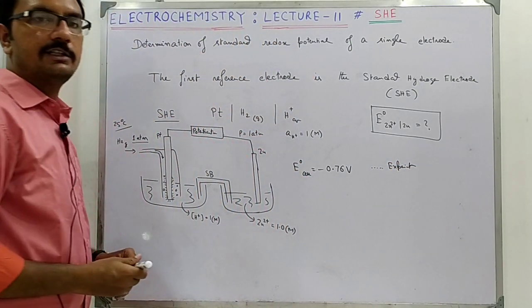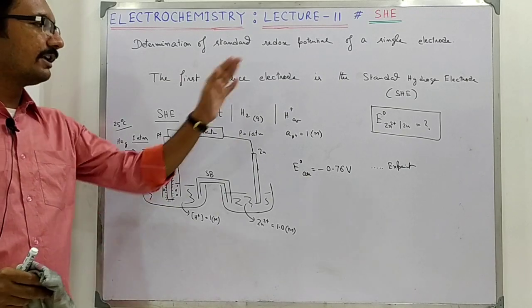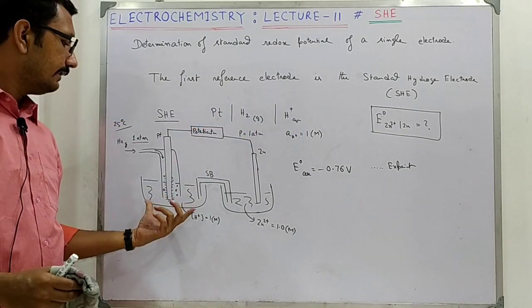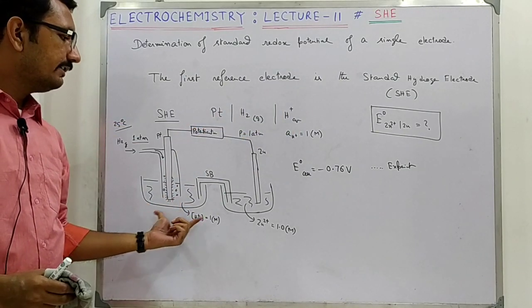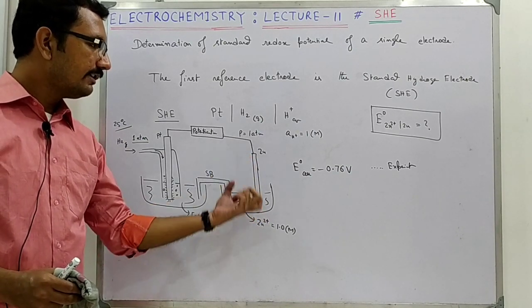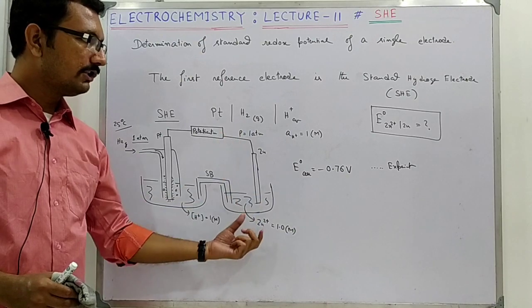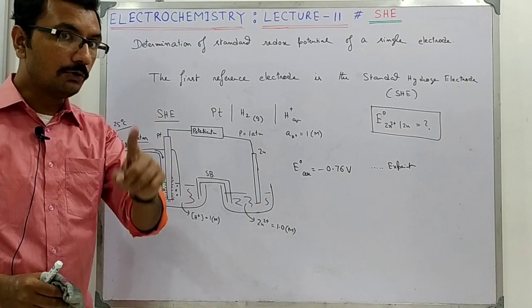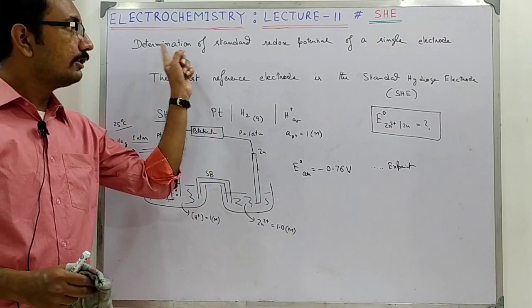You get it experimentally. So, you have the reference electrode, the SHE, on the left hand, and on the right hand you are taking that half cell whose standard electrode potential you want to know. That is the topic.